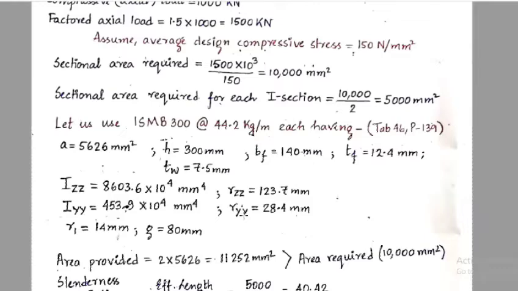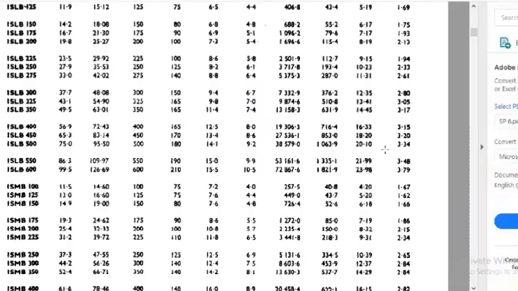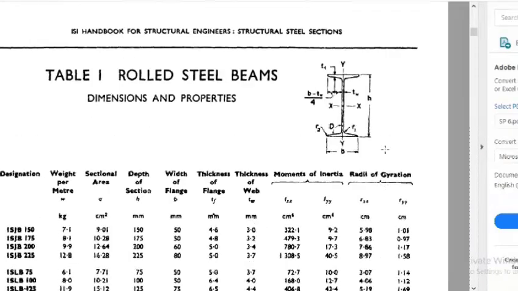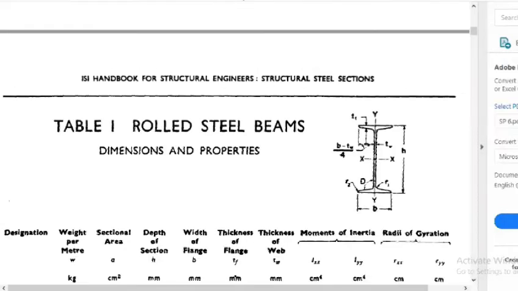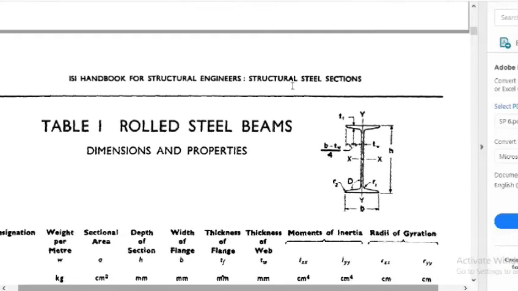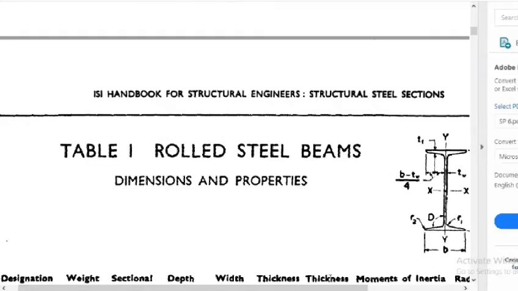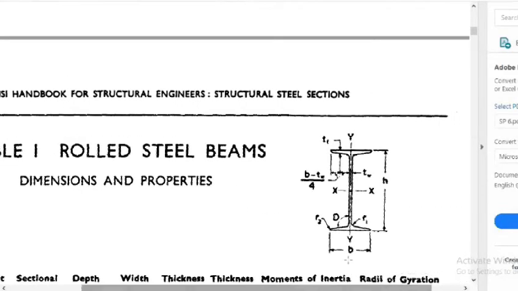In case you don't understand, I will show you the figure of how an I section looks and what the different properties are. So I hope this is visible. This is my I section, and these 2 horizontal components at the top and the bottom are known as flanges.